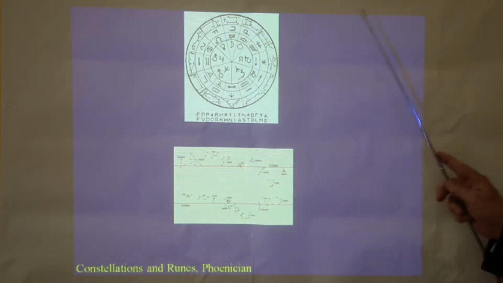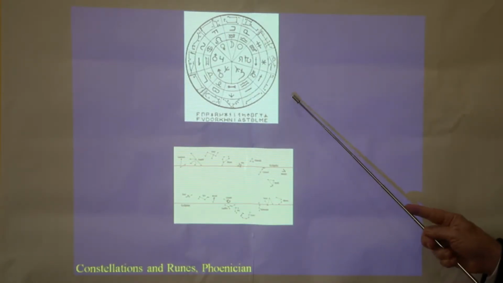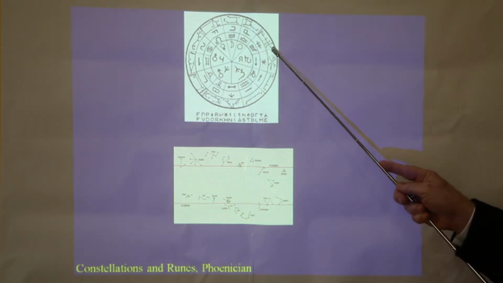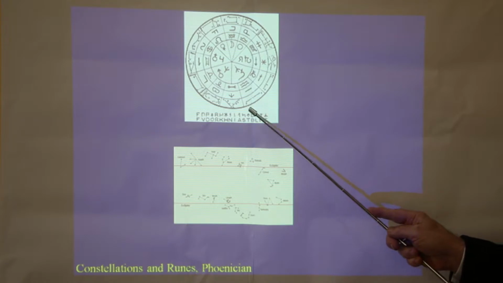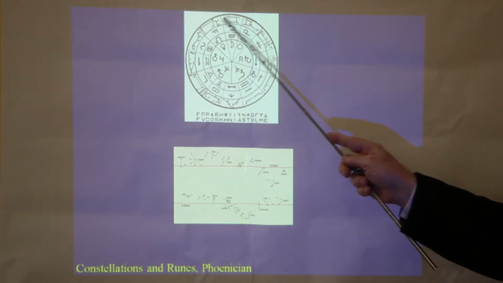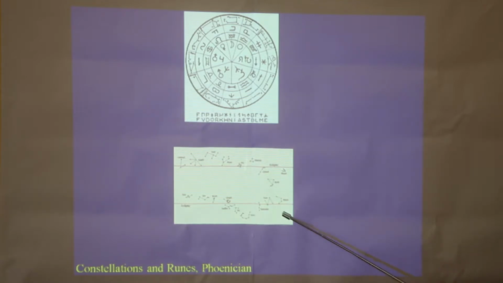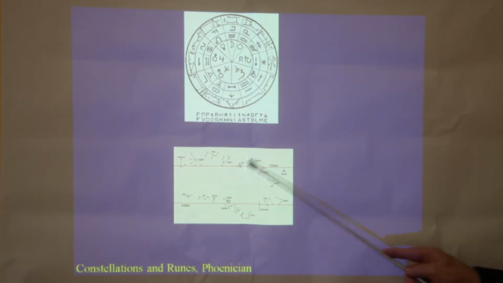My next chapter is about heavenly models. So what's fascinating is that here is a version amongst the people that do the runes. Each of these funny runes is actually a constellation. And here are a series of constellations that make the basics of the Phoenician alphabet.